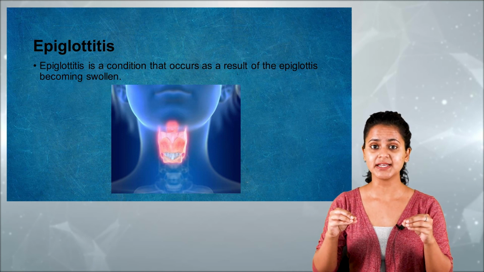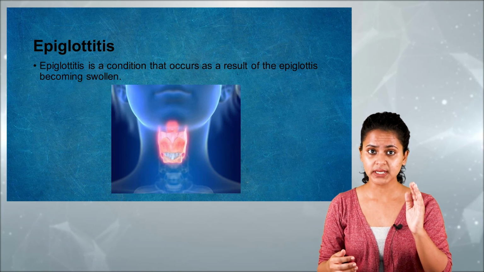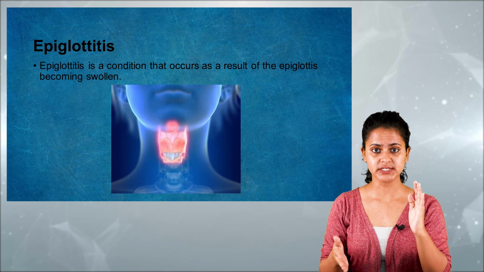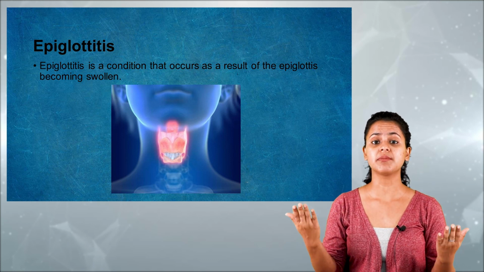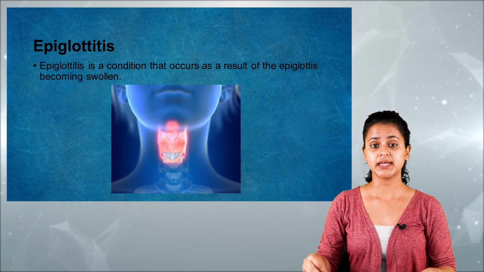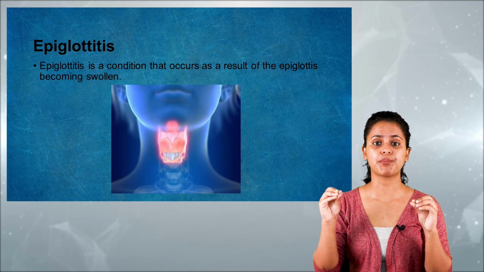Once there is inflammation present in the epiglottis, the opening and closure of the epiglottis will definitely be restricted. And if the inflammation is severe enough, it can even close the opening of the windpipe.